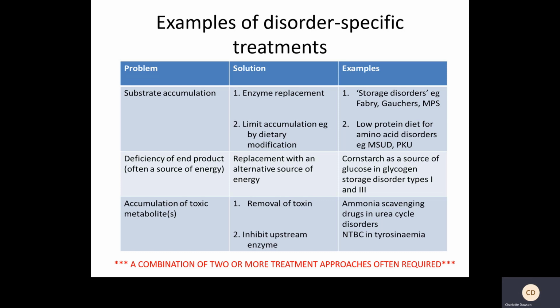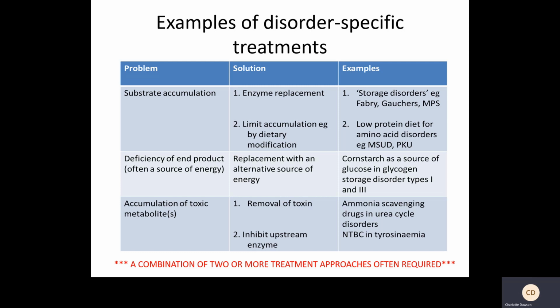And we talked about the example of cornstarch in some of the glycogen storage disorders. And finally, if accumulation of toxic metabolite is the problem, then we can remove that toxin using medication. And an example of that is in the urea cycle disorders, where we administer ammonia scavenging medication.